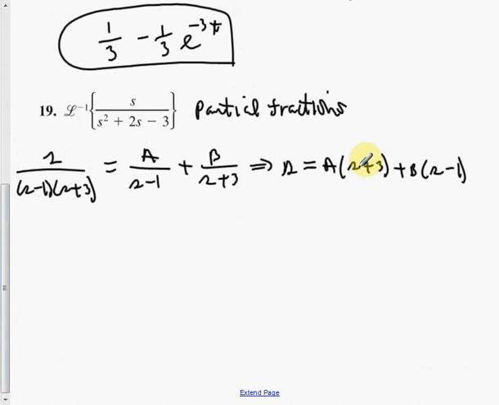So if I let S equal to -3, I get -3 is equal to B times -3 minus 1, which is -4. So that implies that B is equal to 3/4.